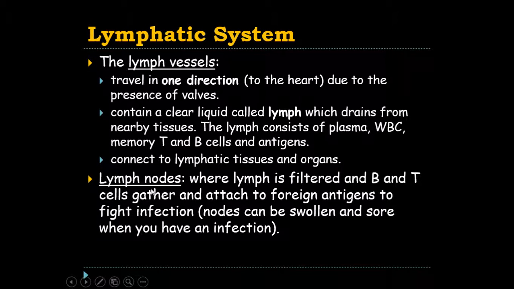We have lymph nodes. Lymph is like the filtering part. The most common ones are the lymph nodes in your neck and under your arms as well. So when you're sick and you feel your glands in your neck, or under your arms, and they're swollen, that's a good thing.